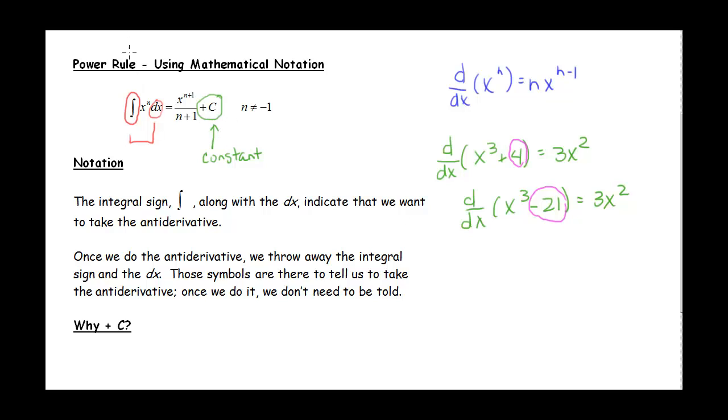For instance, if we were using the power rule on the following, if we were supposed to find the antiderivative of x squared dx, I would raise my exponent by 1. I'm going to have x to the 2 plus 1, and I'm going to divide by that new exponent, that's 2 plus 1, and then I'm going to have plus c to indicate, okay, there might be some number that's added to this, and this takes care of any function whose derivative is x squared.